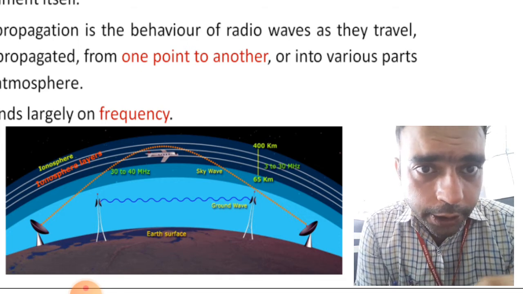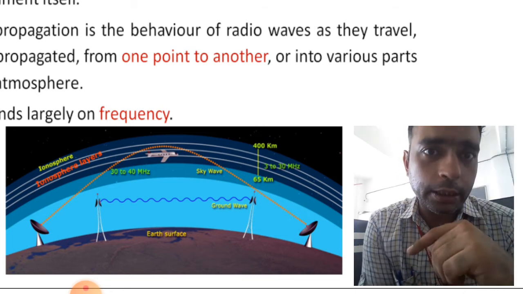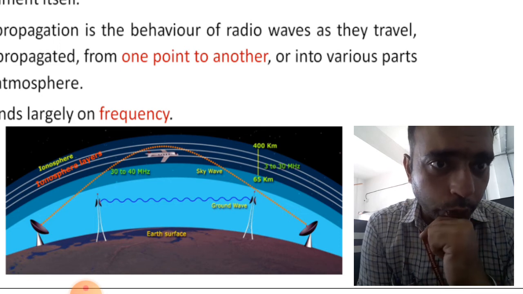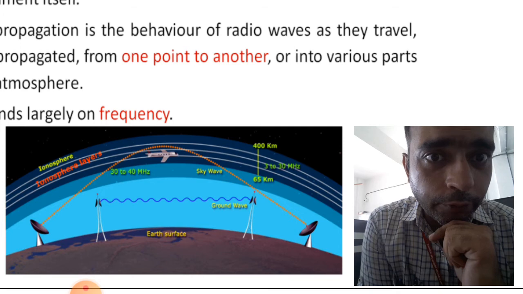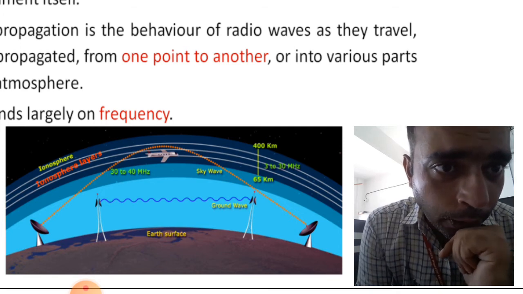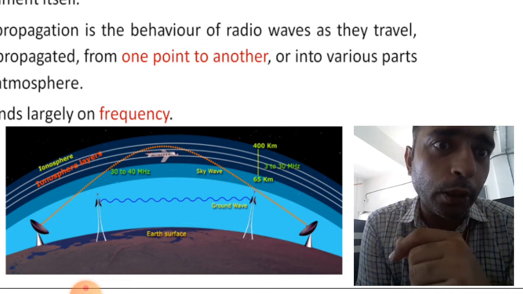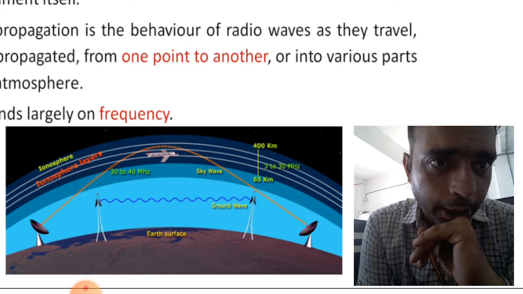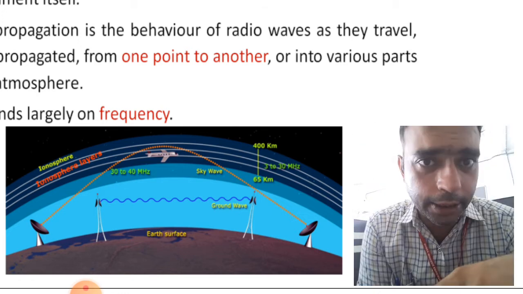Here the dish antenna is sending signals that move in the atmosphere and are finally received by some other antenna. In the upper part, at 65 kilometers to 400 kilometers highest range from the earth, there is the frequency from 3 to 30 megahertz, we can say.